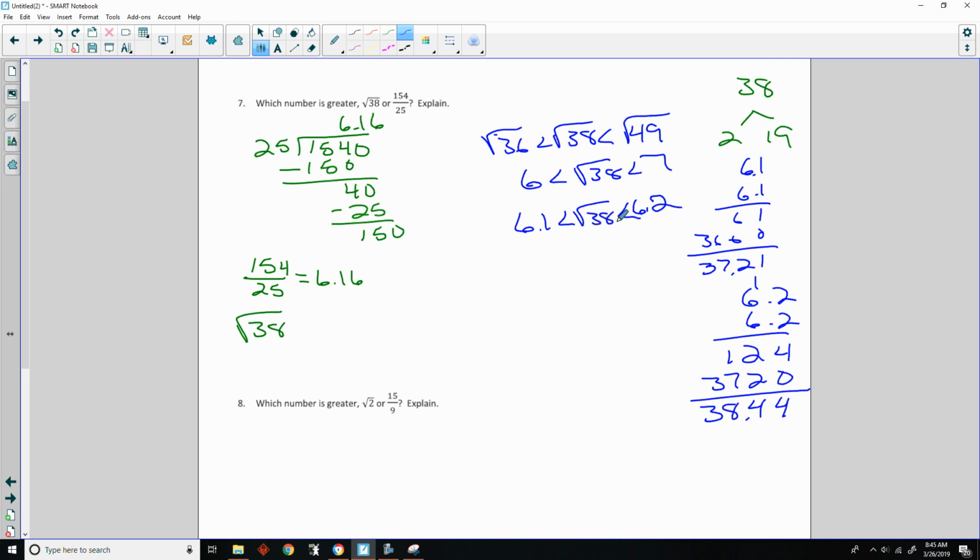So the square root of 38 is between 6.1 and 6.2. And we have 6.16. That is still between 6.1 and 6.2, so we still haven't proven where this lands, so now I have to go out another decimal place.